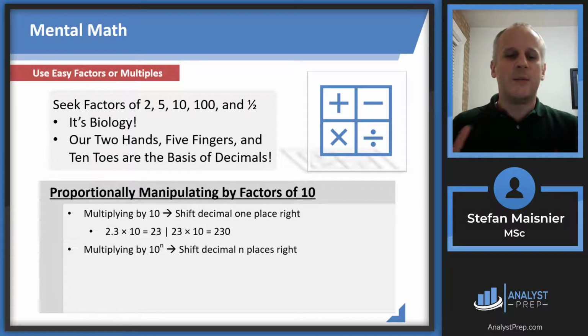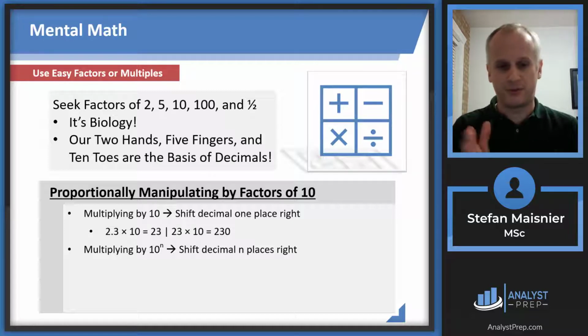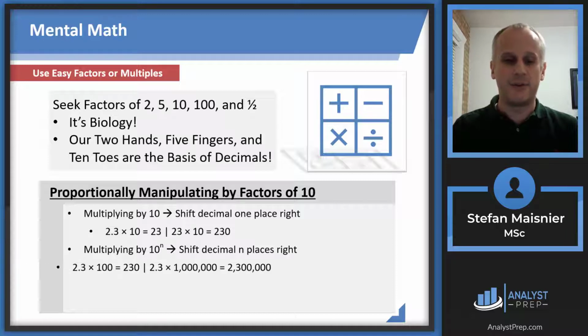Now, we also, by rule of just the way the decimal system works, know that multiplying by 10 to the nth power, you just shift the decimal n places right. So in the examples we just saw, 10 is, of course, 10 to the first power. So we just shift the decimal one place when multiplying by 10. And if we wanted to consider 100, that's going to be 10 to the second power.